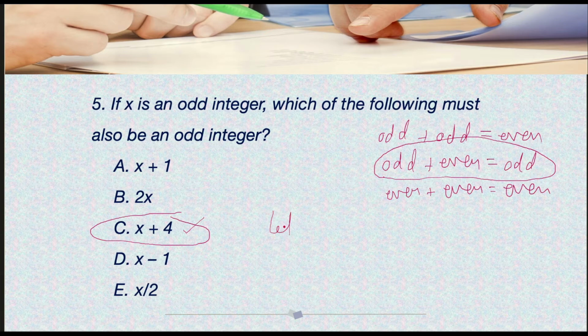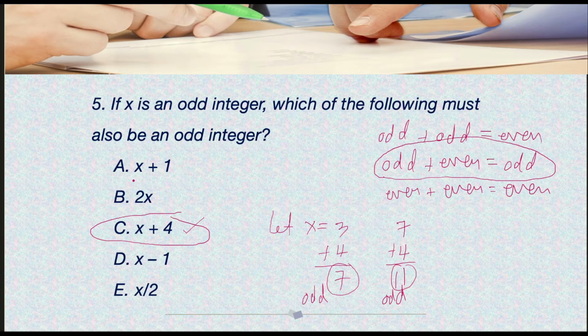Let me give you an example. Let x is equal to 3 because 3 is odd. Okay? And we will add 4 to 3. The answer is 7. So 7 is still an odd number. Okay, let's try 7 because 7 is an odd number. And let's add 4. The answer is 11. And 11 is an odd number.